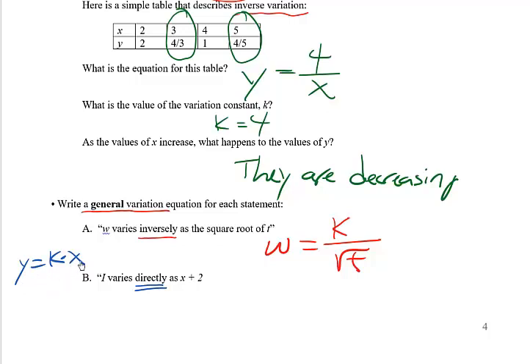That's what you memorize for direct variation. And then just put the right pieces in the right places. I have I this time instead of y. Varies directly means equals some constant times the second guy. And this time the second guy is a little bit more complicated. It's x plus 2. This says I varies directly as x plus 2.